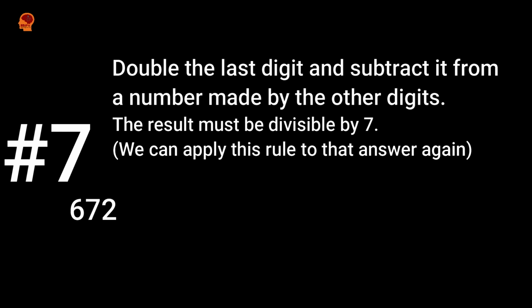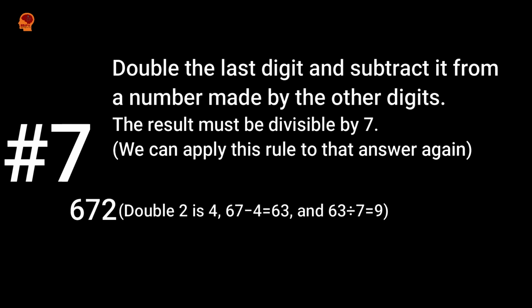So we're going to split 672 to be 67 minus the double of 2, which is 4. So 67 minus 4, that gives us what? 63. Okay, and then 63 can be divided by 7 in 9 places.